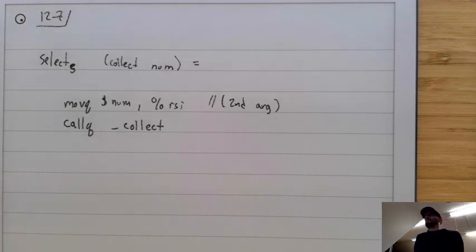Now, where could things possibly be? Well, things could be inside of registers, or they could be on the stack. Those are the two places that things could be. What we're going to do in our compiler is we're never going to put vectors, that is, things that have pointers inside of them, in registers.